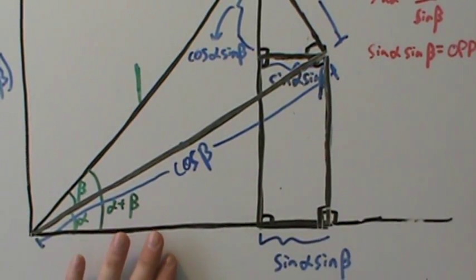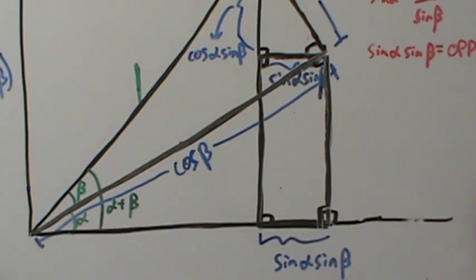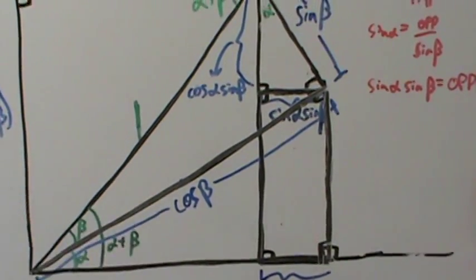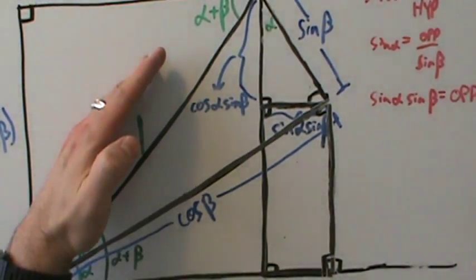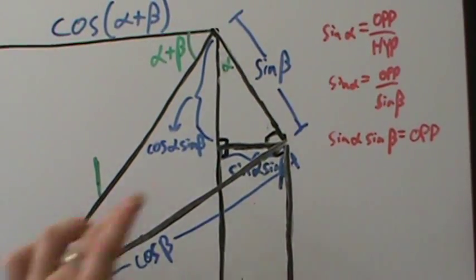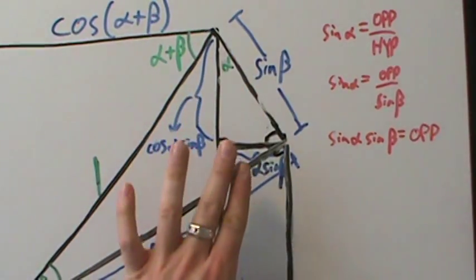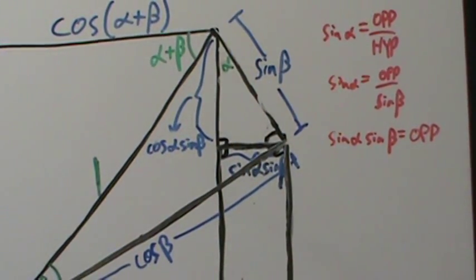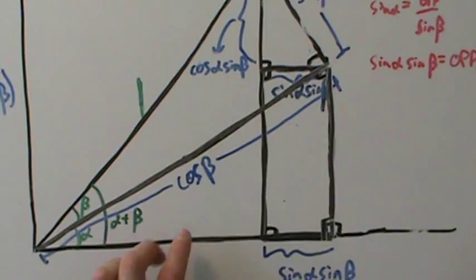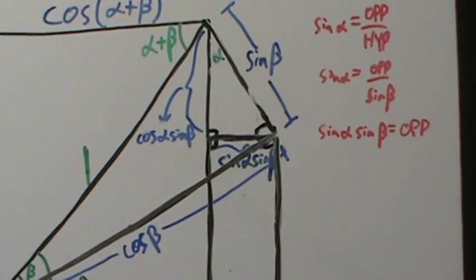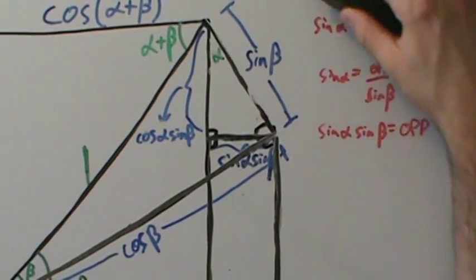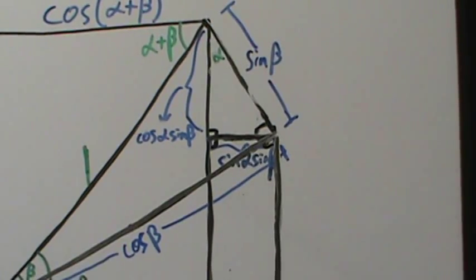This is going to be exactly what we've been doing, but remember, the first two triangles we looked at had hypotenuse 1, which was relatively simple and straightforward. The third triangle, the one we just looked at, had hypotenuse sine of beta, so it was a tiny bit more complicated, but not too bad. Now we're going to do the exact same thing again, but now the hypotenuse is cosine of beta. Really the exact same stuff applies.